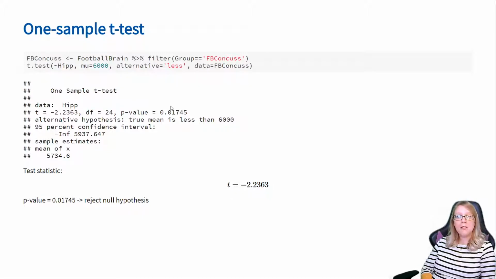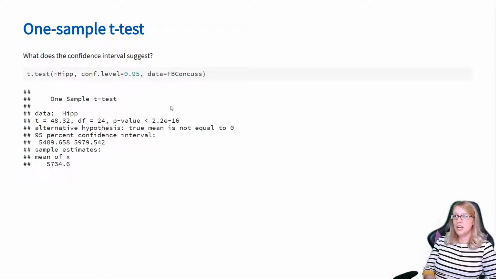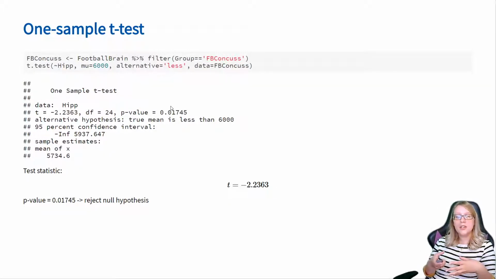Based on that small p-value, less than a 2% chance of seeing a sample like this if the null hypothesis is true, we should reject our null hypothesis. If we reject it, we will then conclude that yes, there is strong evidence that football players with a history of concussion have a mean hippocampus volume less than 6,000.